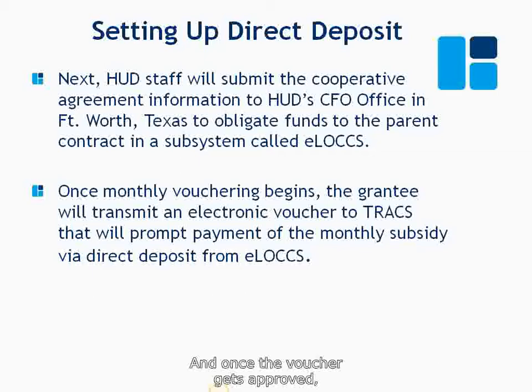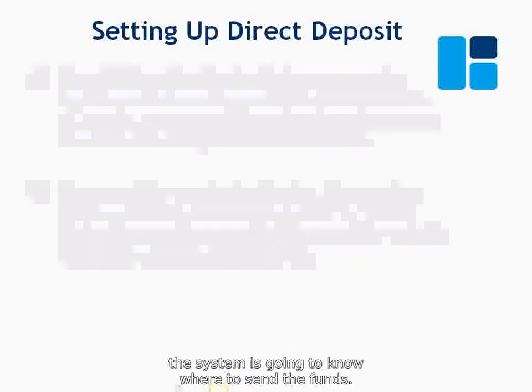And that's why the direct deposit setup needs to be done very early in the process. That way, once you start vouchering for your parent contracts and those vouchers are approved, the system is going to know where to send the funds.